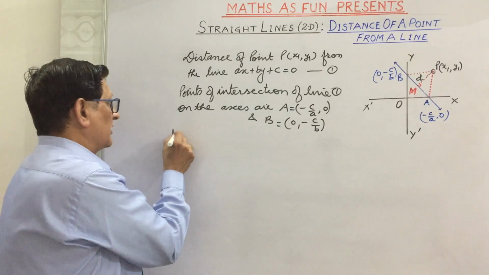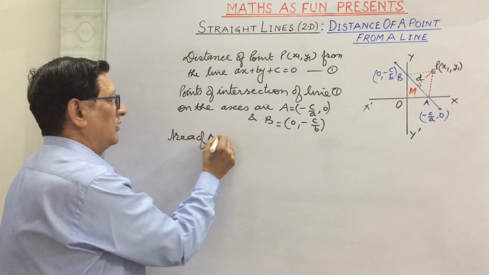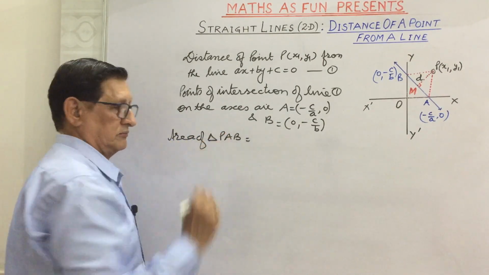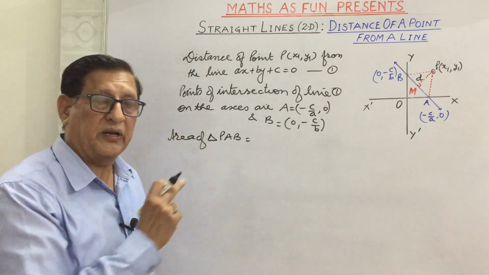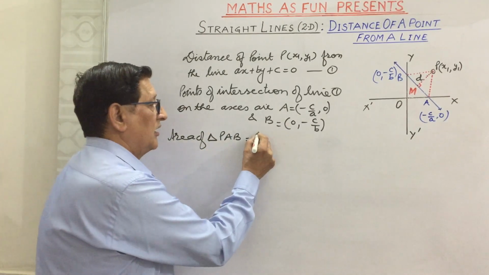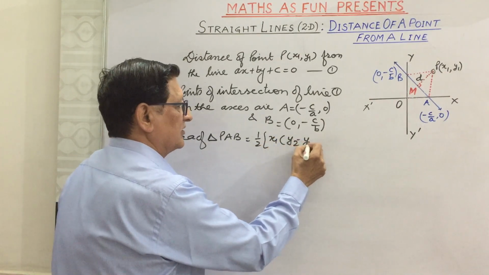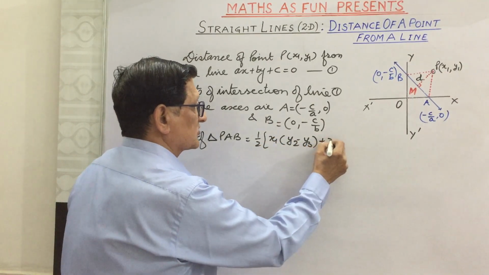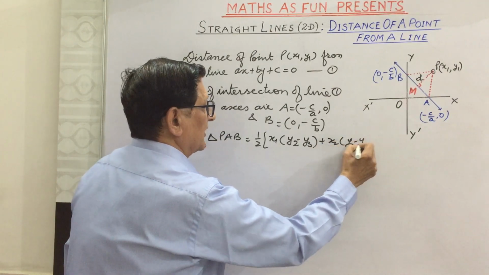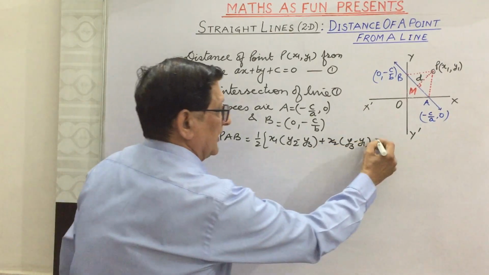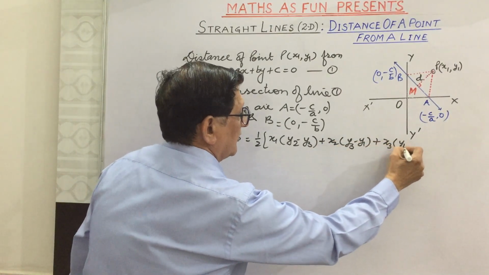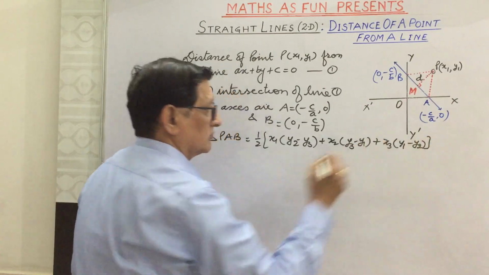So we can write area of triangle PAB equal to, applying the formula, that is half into x1 into y2 minus y3 plus x2 into y3 minus y1 plus x3 into y1 minus y2.